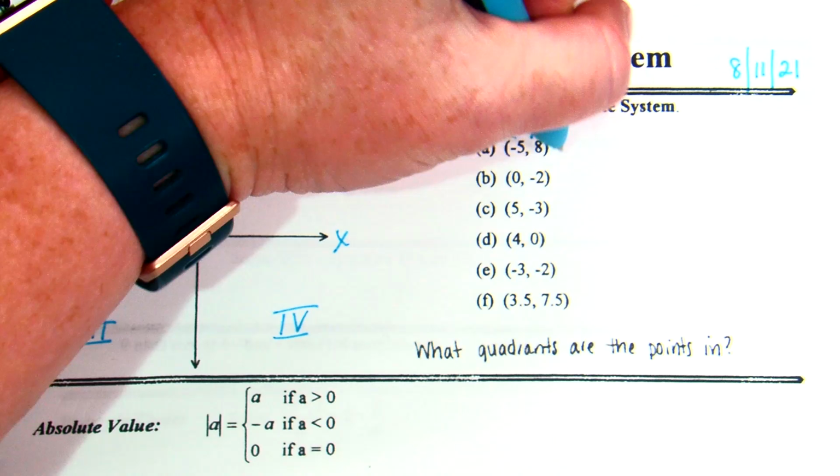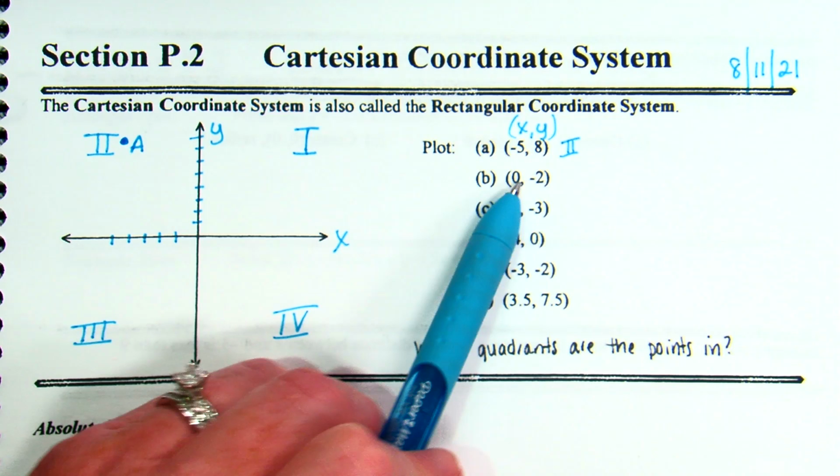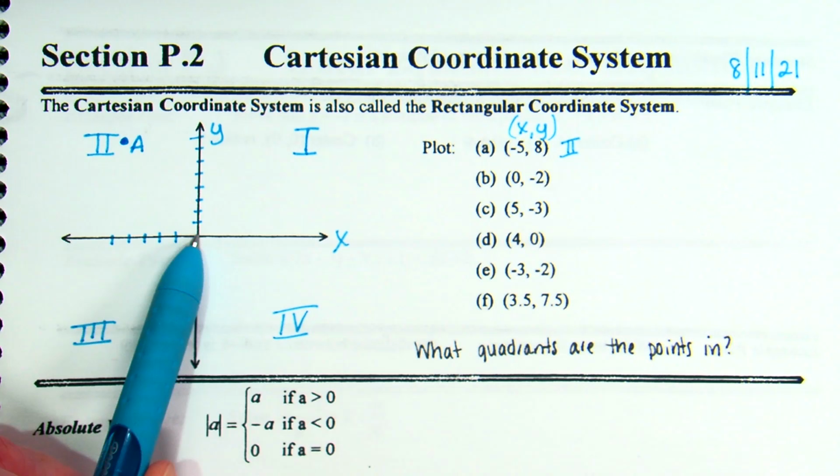Okay, what about B? 0, negative 2. How do we graph 0, negative 2? Is it up nowhere or over nowhere? It's over nowhere. And then down. Okay. So the 0 says left or right 0, so that's going to stay. And then the negative 2 says we're going to go down 2.